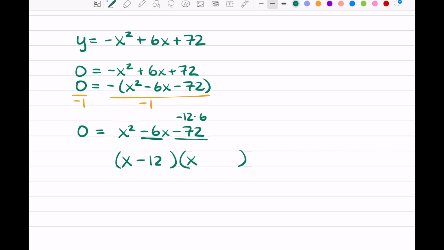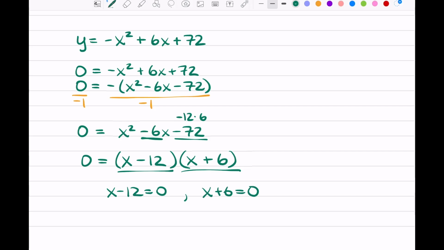So we get x minus 12 times x plus 6, and this is still equal to 0. And we're multiplying two numbers here, and we get 0. So either the first one is 0, or the second one is 0. So we get x equals 12, or x equals negative 6. So we just found the roots, so let's add these two to our picture.